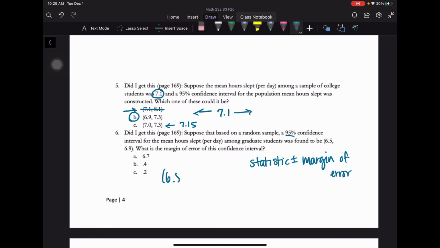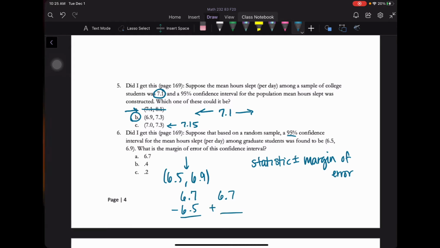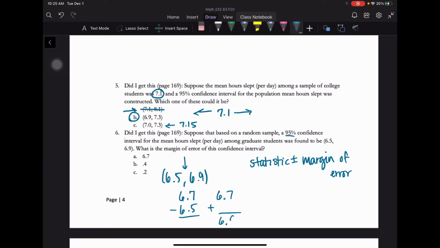So we have 6.5 up to 6.9. There's some value right in the middle that we would then take away a value and add a value to get our margin of error. So the middle of 6.5 and 6.9 is 6.7. Now 6.7 minus something gives 6.5, and 6.7 plus something gives 6.9.